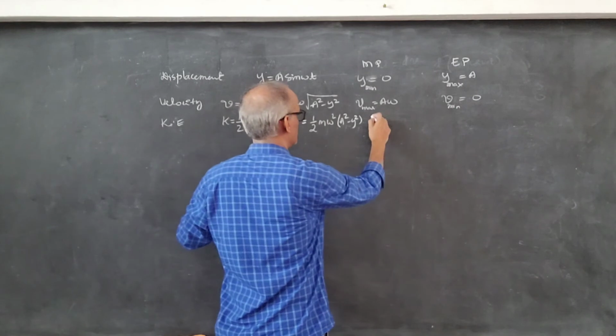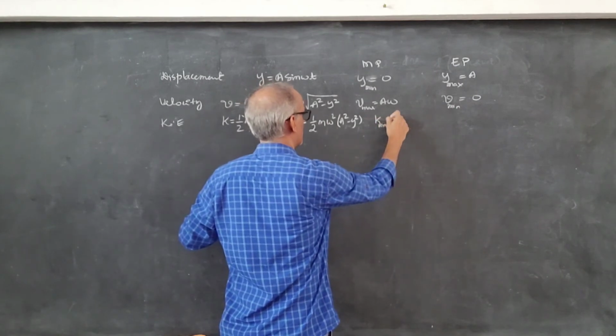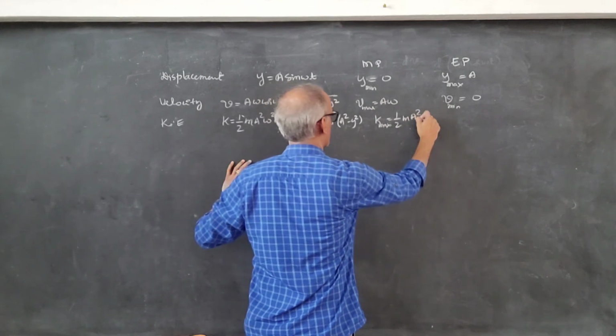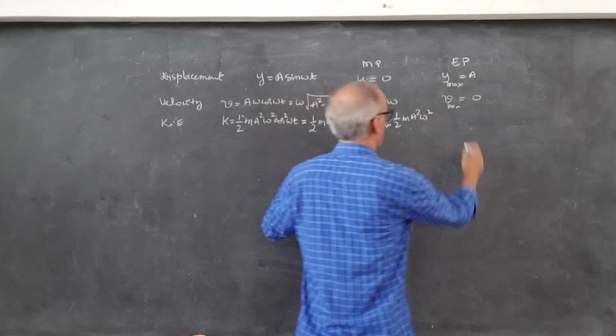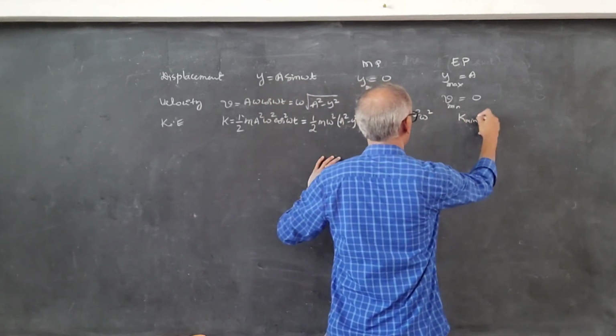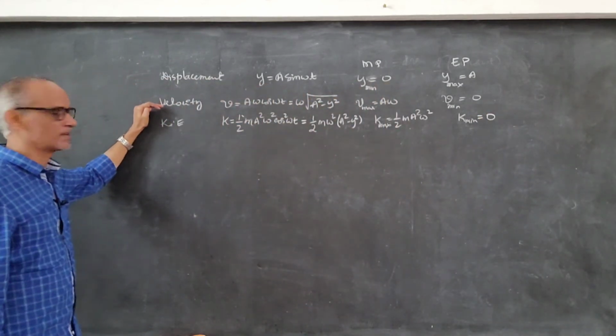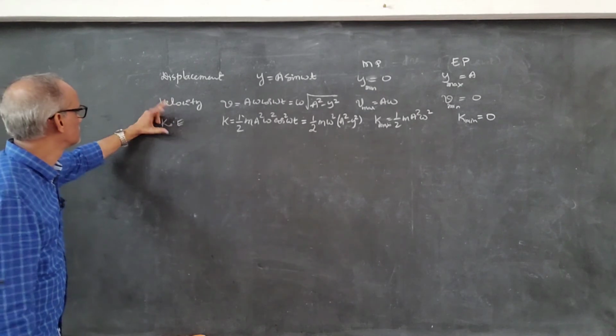And kinetic energy is maximum, which is half m a square omega square. And here kinetic energy is a minimum, which is 0. So using velocity, it's easy to write the expression for kinetic energy.